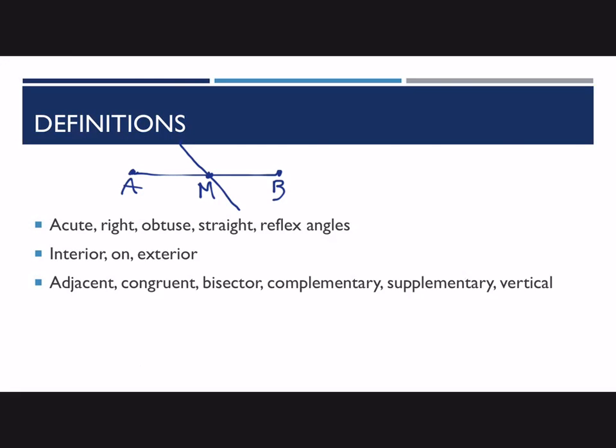This segment could be a bisector. I could put this line through the middle, and as long as these two halves of the line segment AB are the same, and as long as these bisectors pass through the midpoint, that's what makes them a segment bisector. And then angle bisectors divide an angle into two congruent smaller angles.